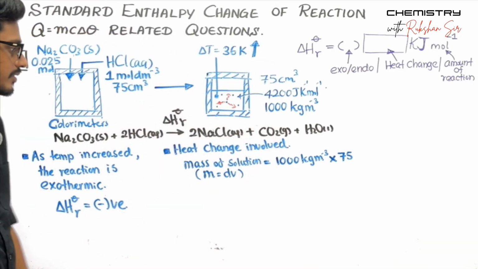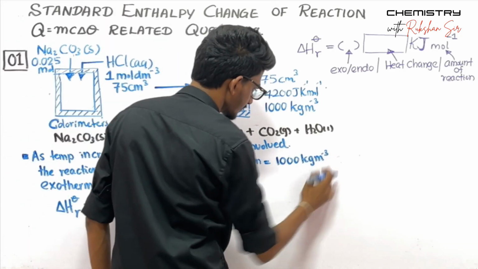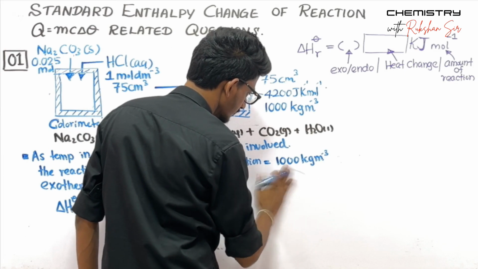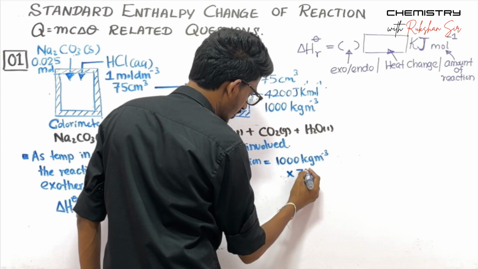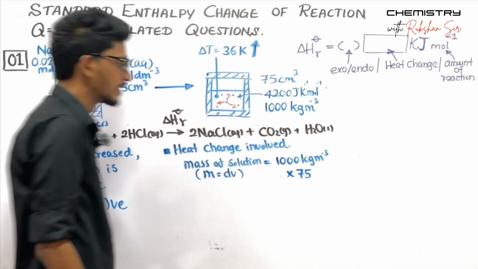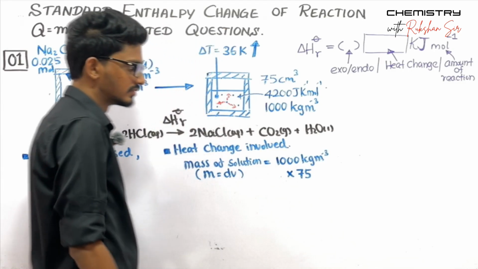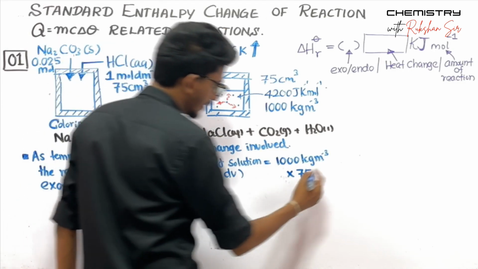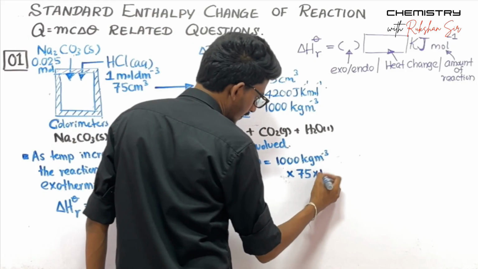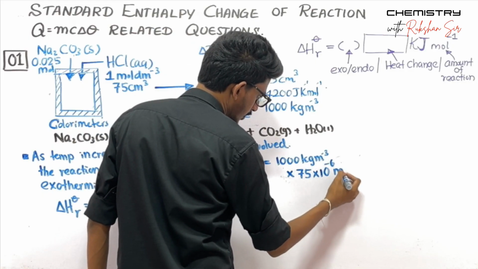75 cubic centimeters. So I'll write it here. 75 cubic centimeters. But we need to apply it in cubic meters here, right? So that it is going to be 75 into 10 to the power minus 6 cubic meters.